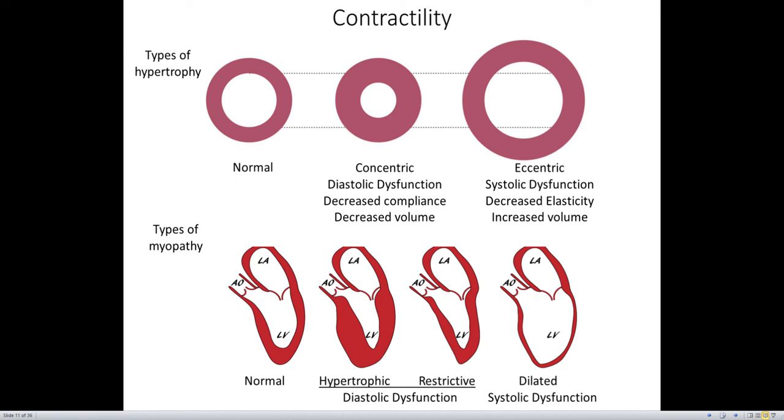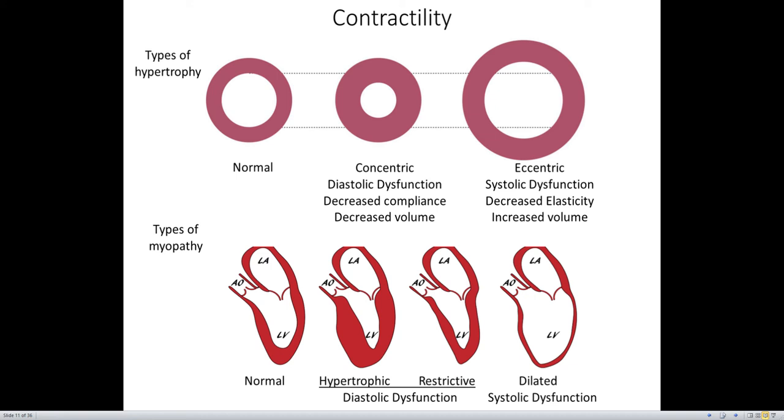It's not necessarily larger, but the muscle tissue is fibrotic, if you will, and both of these situations have a decrease in compliance. So both hypertrophic and restrictive myopathies have a decrease in compliance, a decrease in the ability of the myocardium to expand and accept volume.